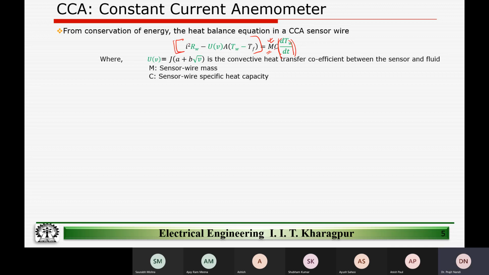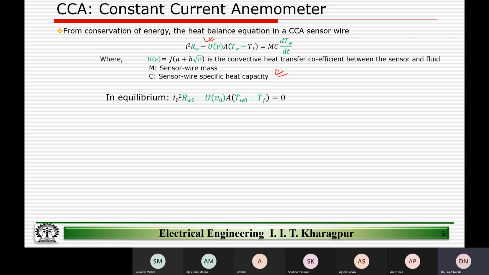If this portion is constant, dTW/dt is inversely proportional to the mass. It kind of makes sense. The bigger the sensor material, the lesser the overall temperature increase for the same delta between the power generated and the power dissipated. And of course, C is the sensor wire specific heat capacity, which depends on the material of the wire. The mass remains constant, and that is also not going to change.